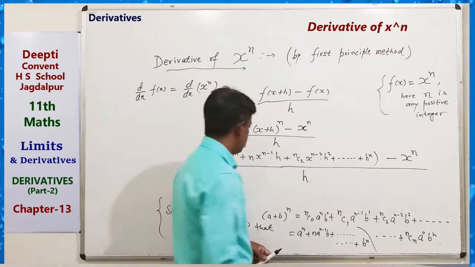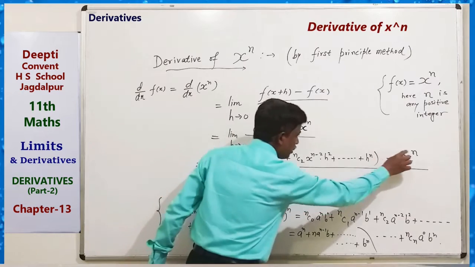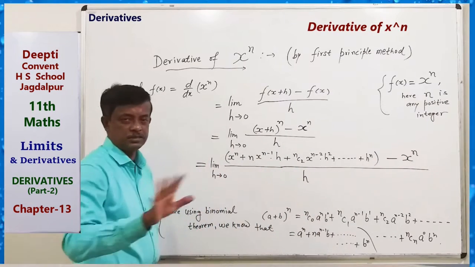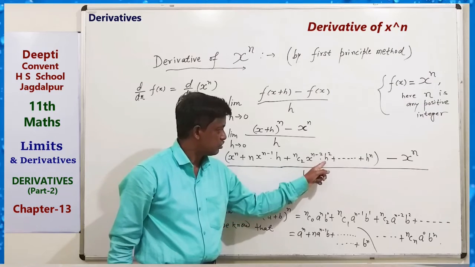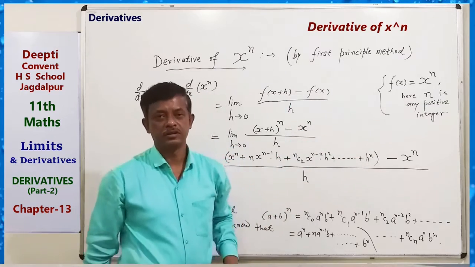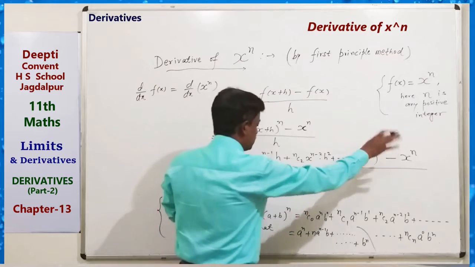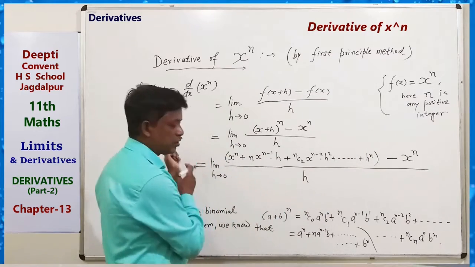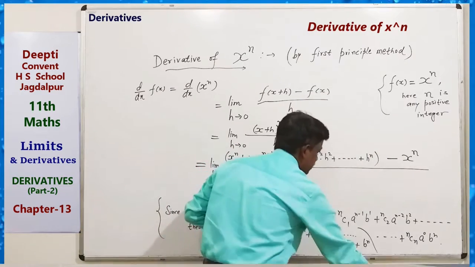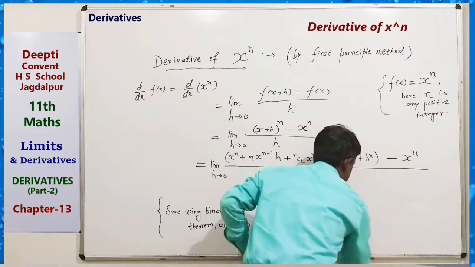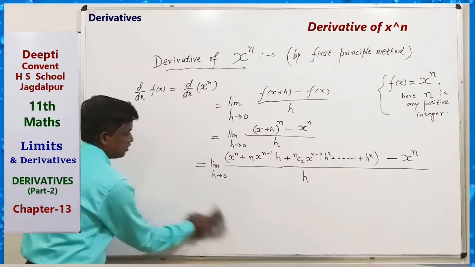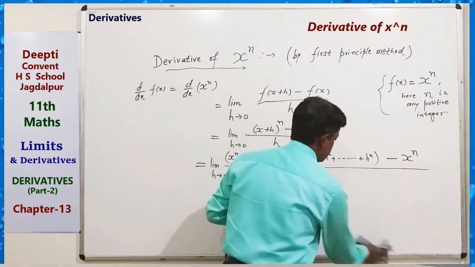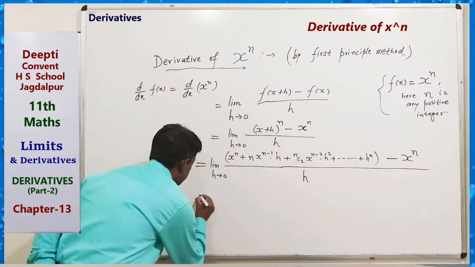Now here we see that x to the power n cancels out, and we have h square up to h to the power n. So this minus this cancels out, and h can be taken common. This binomial theorem is very, very important. Just remember it. By using this we can get the result here.